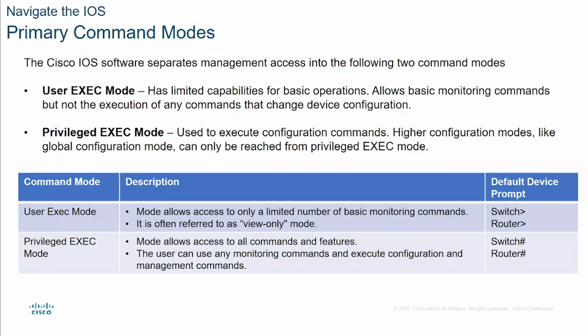Now, the Cisco IOS software separates management access into the following two command modes. There is the user EXEC mode, which has limited capabilities for basic operations and allows basic monitoring commands, but not the execution of any commands that change device configuration.